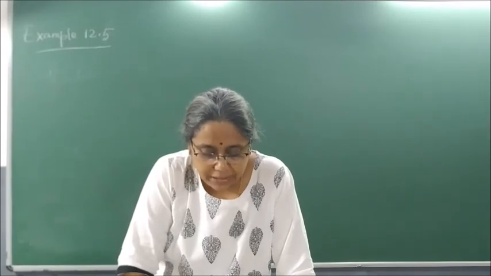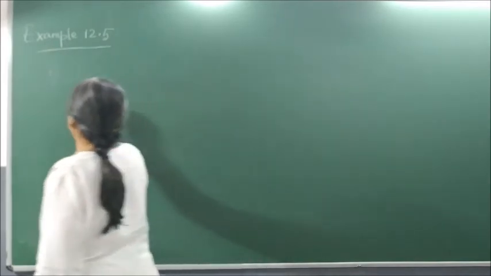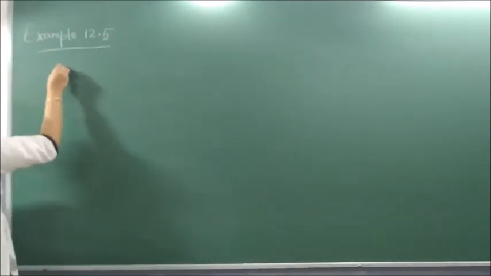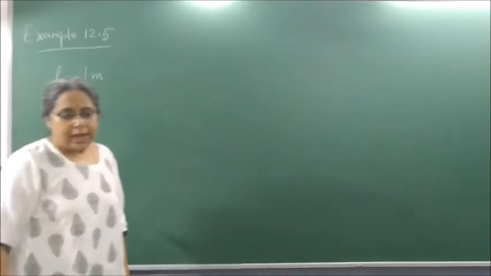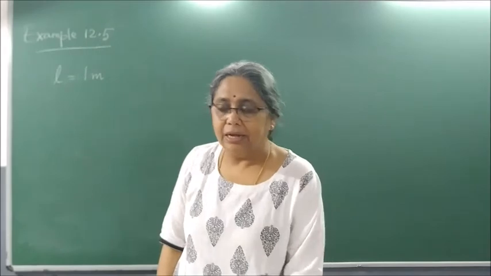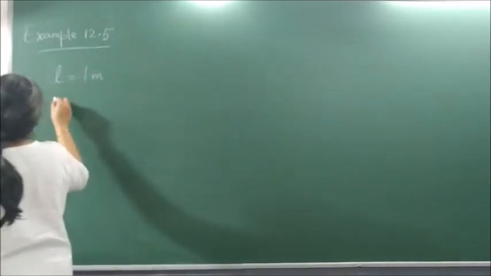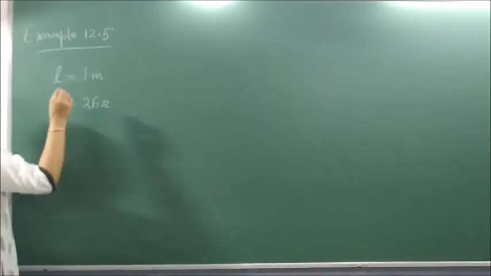Resistance of a metal wire of length 1 meter. So first thing, what is given? L, length of the wire is 1 meter. At 20 degrees centigrade is how much ohms? 26 ohms. So R is 26 ohms.